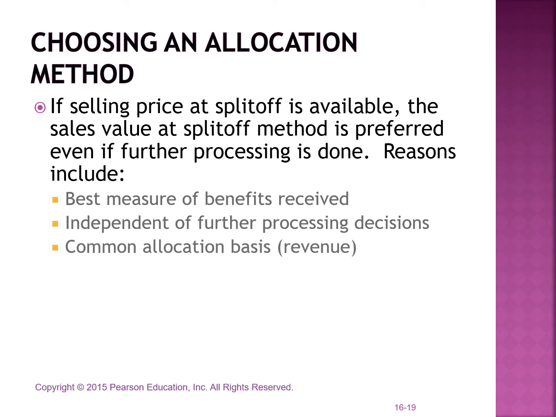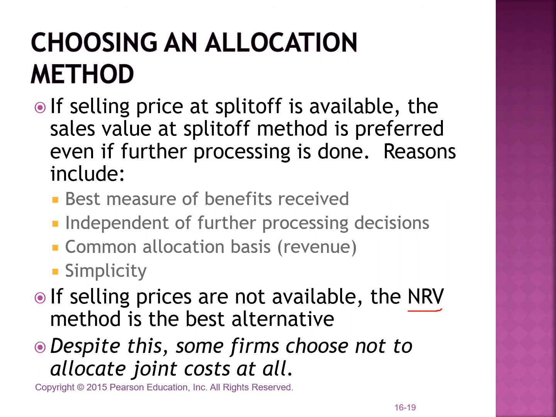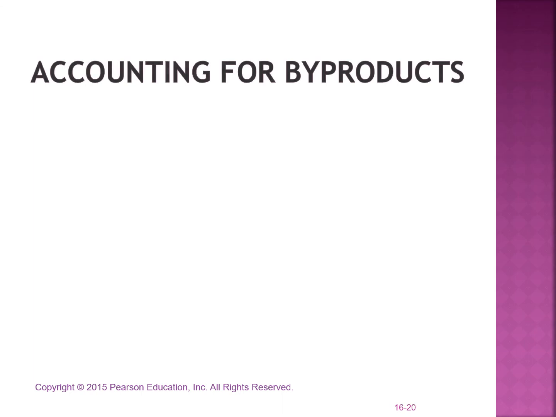It has a common allocation base, which is revenue, and it is very simple to apply. If the selling prices are not available, then the net realizable value is the best alternative. Despite this, some firms choose not to allocate joint cost at all, which means they include it in the income statement and do not allocate it to each product individually.